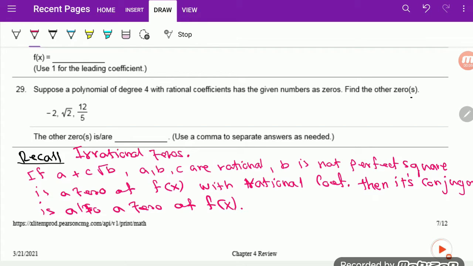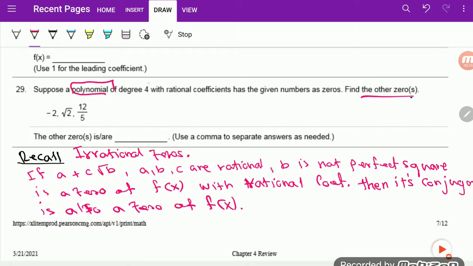Suppose a polynomial of degree 4 with rational coefficients has the given numbers as zeros. Find the other zeros. In this problem we are given a polynomial, and this polynomial has a degree of 4.